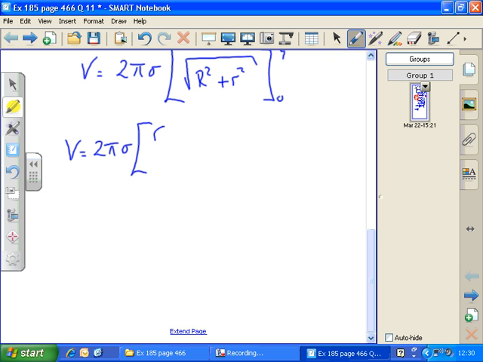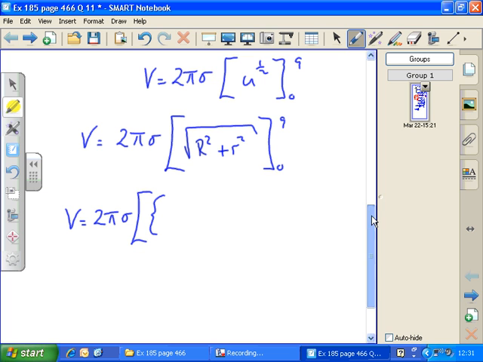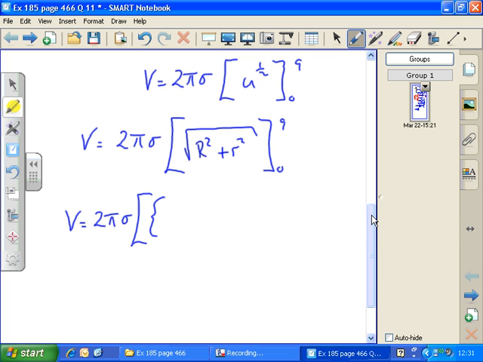Putting the top limit in first, so r is 9, so this will be the square root of 9 squared plus R squared. Minus, putting the bottom limit in, the square root of r squared, which is 0, plus R squared, so that just leaves us R squared.